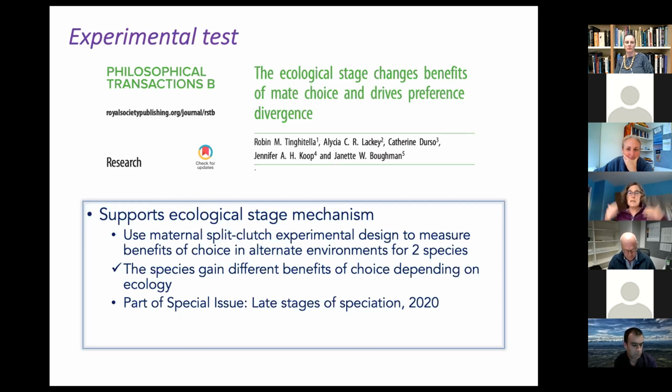So the females obtain different benefits based on the environment that they find themselves in. The shorthand answer is yes, this happens. The benefits are quite different. It depends on ecology. That paper was published as part of a special issue last year called The Late Stages of Speciation. It's got a longer title, but that'll get you there if you're interested, and it's in Philosophical Transactions.